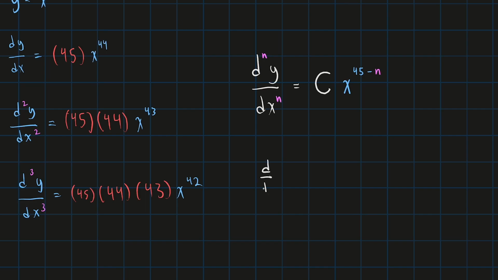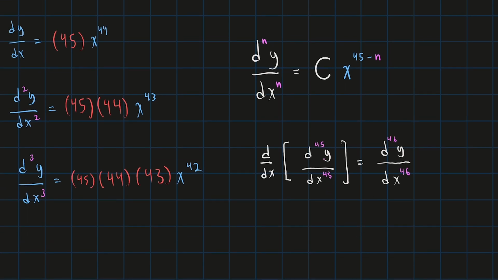So we know that d over dx of our 45th derivative, d^45 y over dx^45, is equal to d^46 y over dx^46. This is our 46th derivative, so this is what we're looking for.